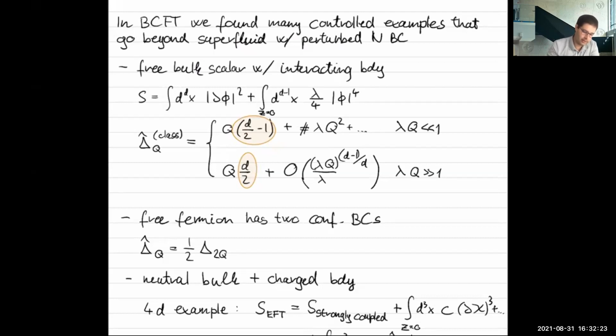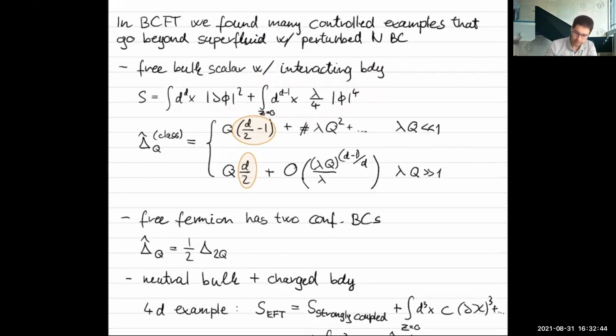One case is when we have a free bulk scalar, but with an interacting boundary. So here is a free bulk scalar and a phi to the 4 interacting boundary. We analyzed this in the epsilon expansion.